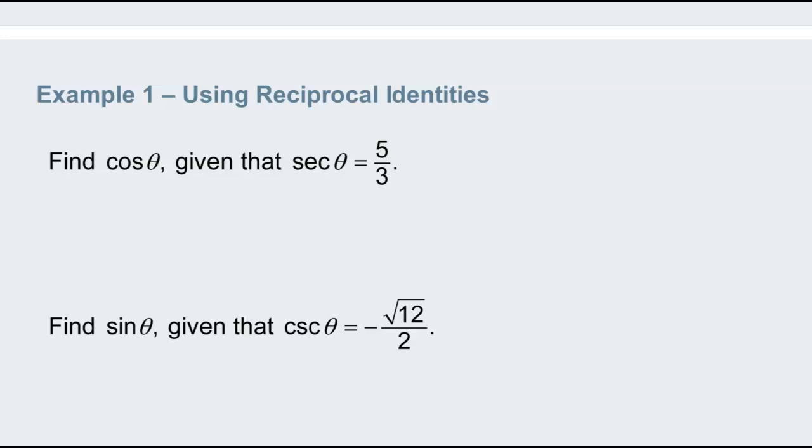So, as an example, secant and cosine are reciprocals of one another. So if I know that the secant of the angle is 5/3, then that means that the cosine of the angle is 3/5.